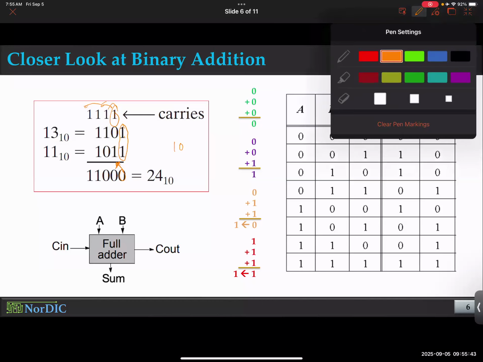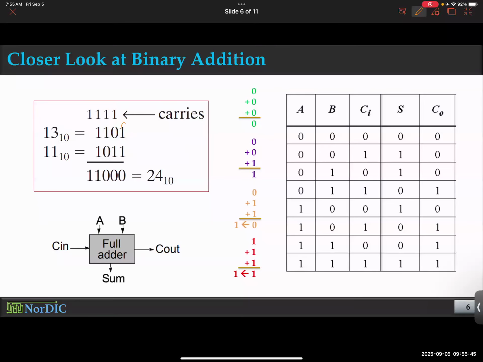So notice when I design an adder circuit, I'm concerned with a one bit adder. What do I mean by that? I'm doing bitwise add, one bit at a time, okay? To do so, how many inputs do I need? I need one bit coming from one of the numbers. I need another bit coming from the second number. So you need one input, which is A, for example, another input, which is B, but remember, this is not the end.